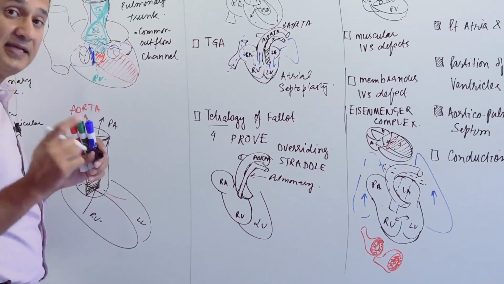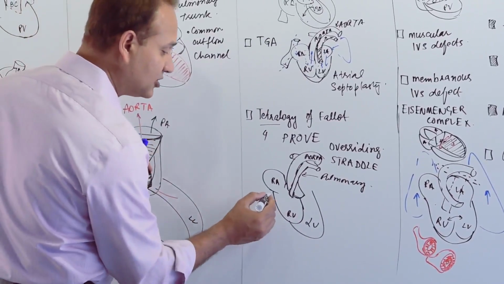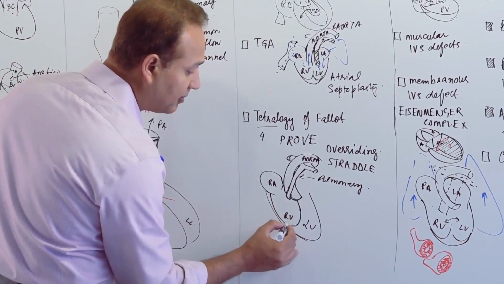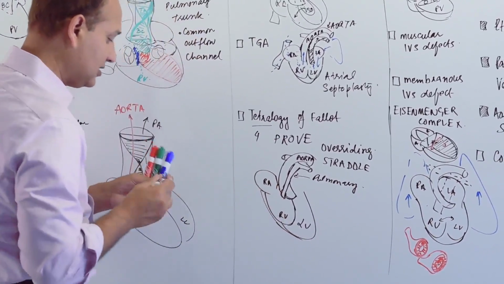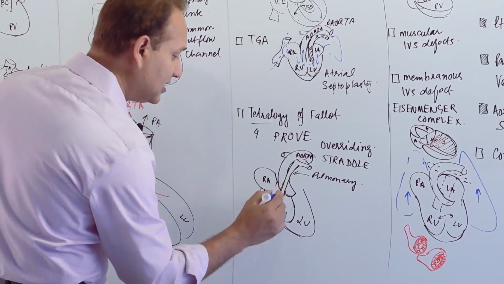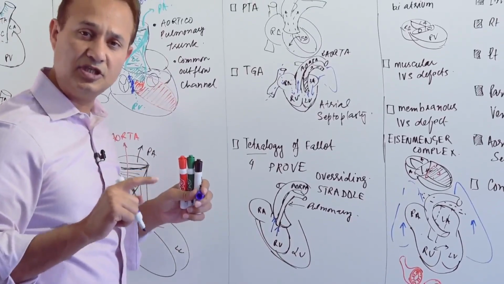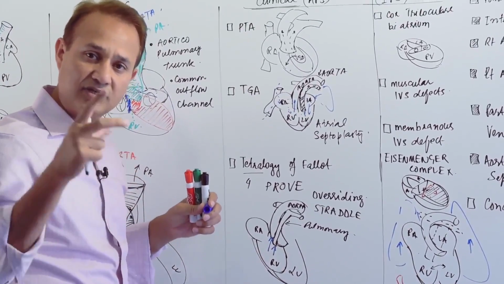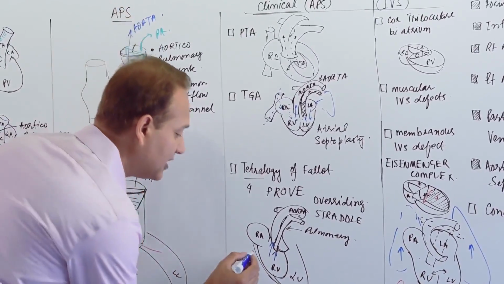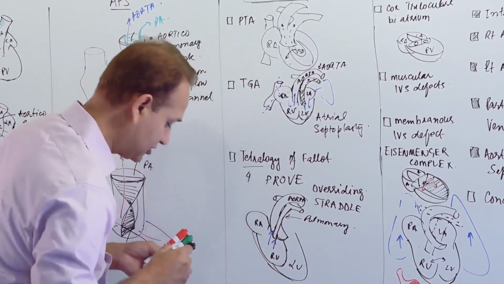And as that is happening, what's happening here? The right ventricle is now pumping blood into the aorta and it is pumping blood into the pulmonary trunk. Now the pulmonary trunk is stenosed. That means the right ventricle has to work more. That means the right ventricle will become hypertrophied.